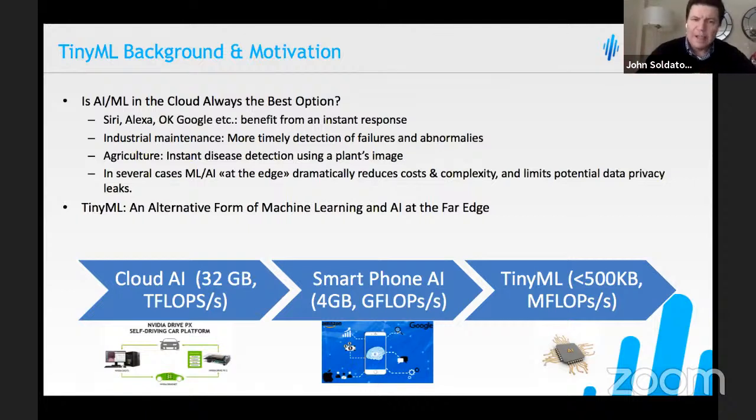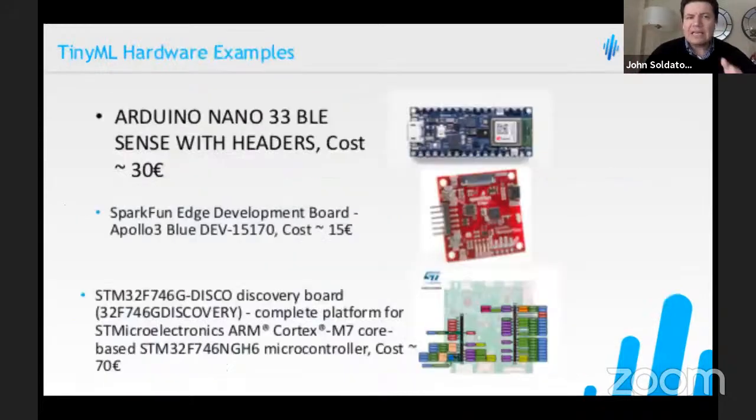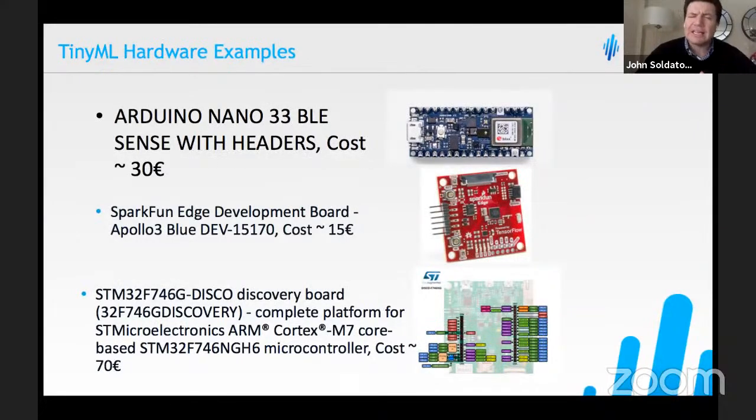This is what I call far edge. And of course, it is much more power efficient if you can make it work, and you can exploit even more data than ever before, because you don't have the overhead of transmitting the data to a local cloud or to a cloud. And this is becoming real in the last year.